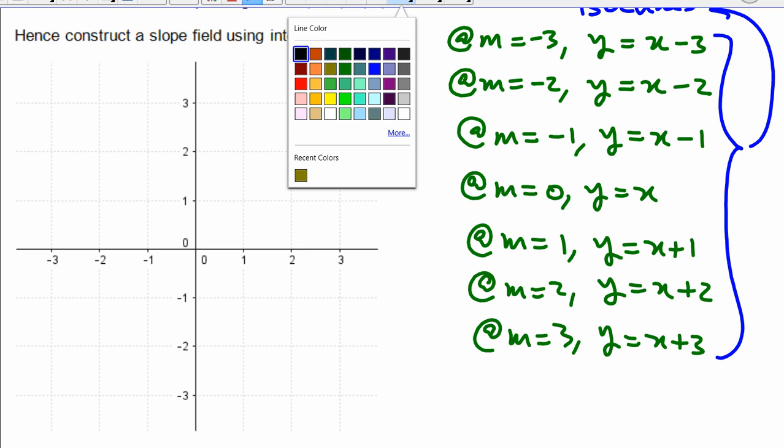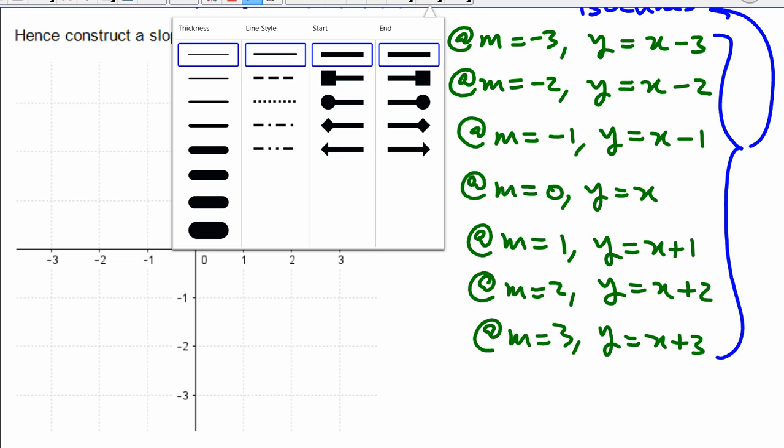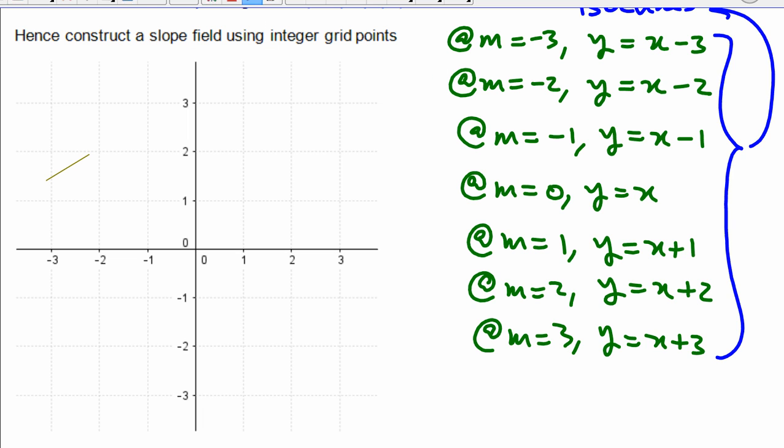Hopefully that color works. So this should pass through there. I need another one again.